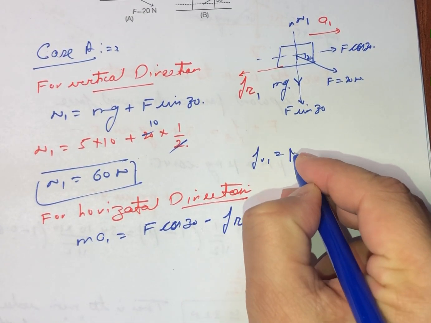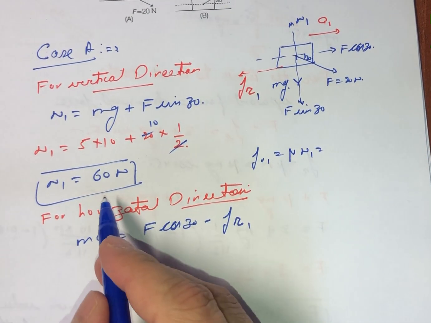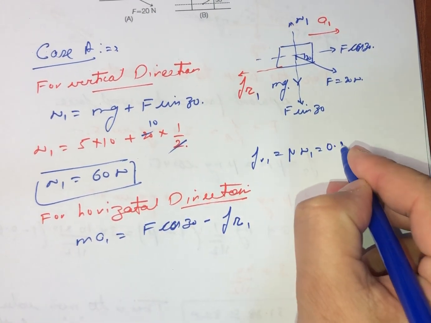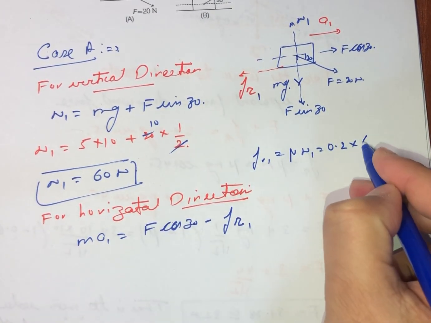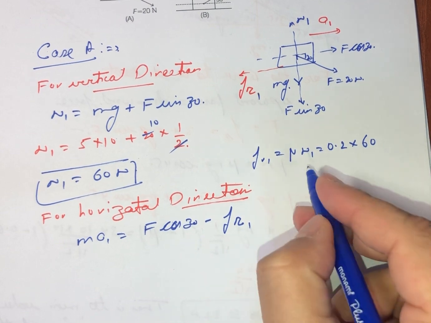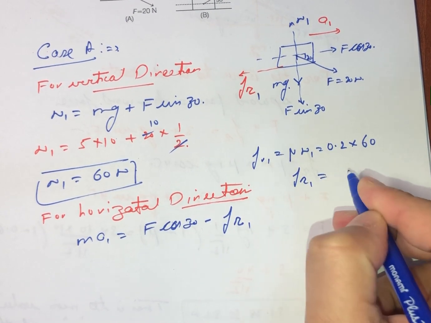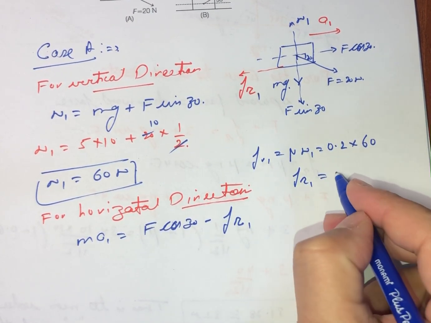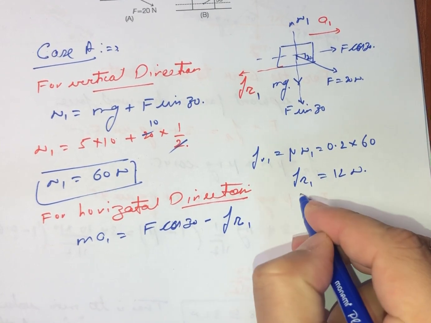Fr1 will be equal to mu into N1, and mu is 0.2 and N1 is 60, so Fr1 will be equal to 12 Newton.